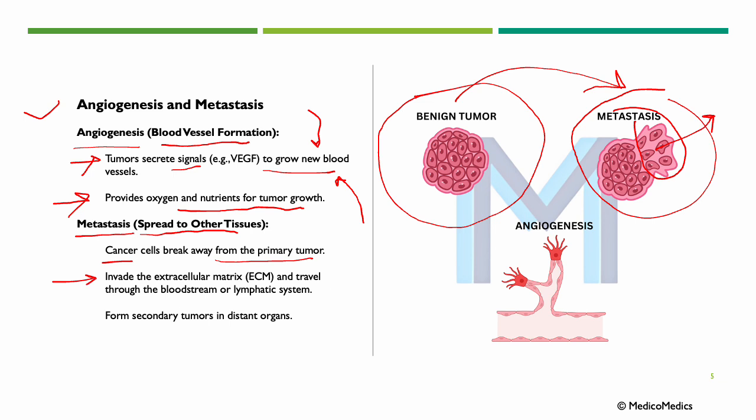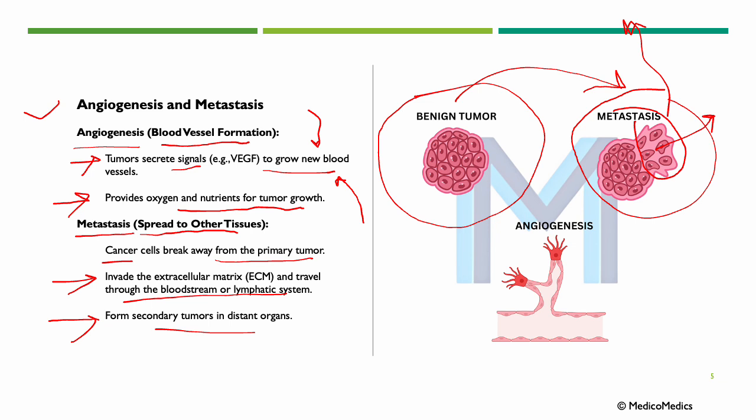And what they do is they invade the extracellular matrix and travel through the bloodstream or the lymphatic system elsewhere. And then they will form secondary tumors in other distant organs and areas.